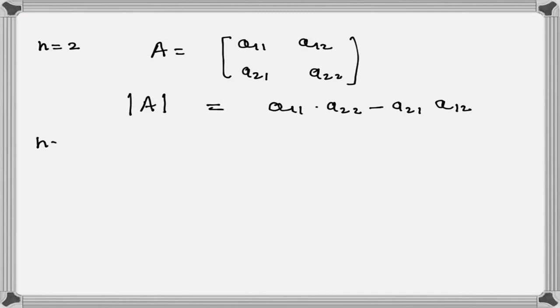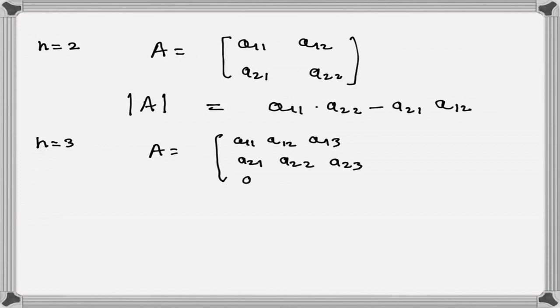When n is equal to 3, then A is equal to a11, a12, a13, a21, a22, a23, a31, a32, a33.